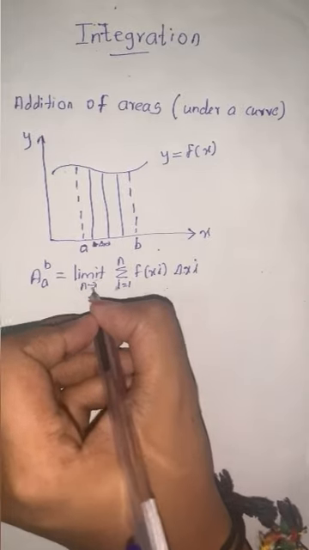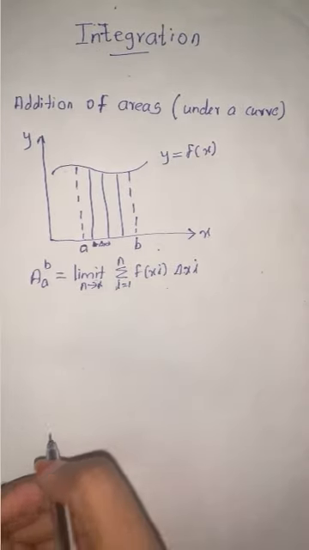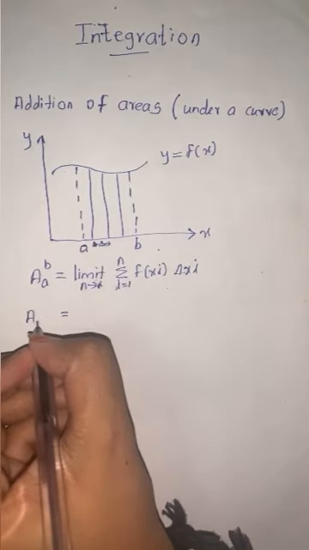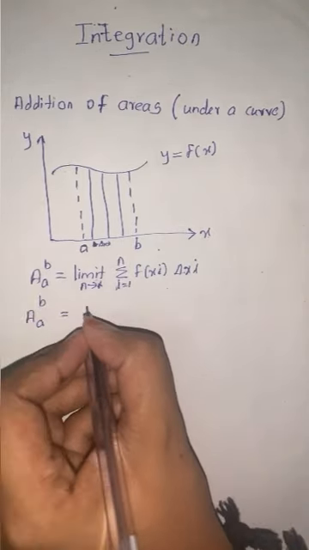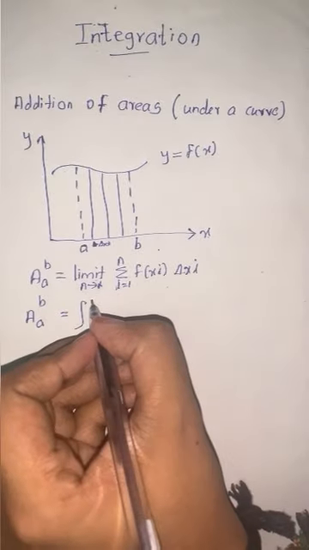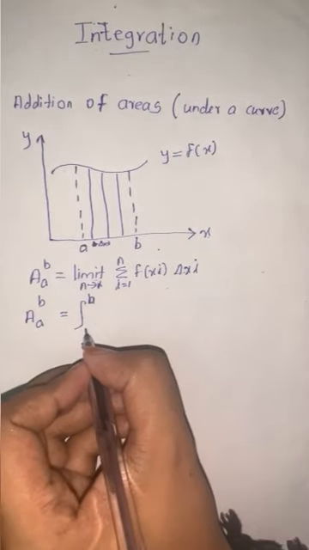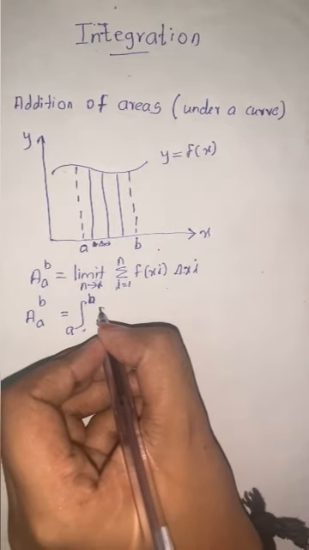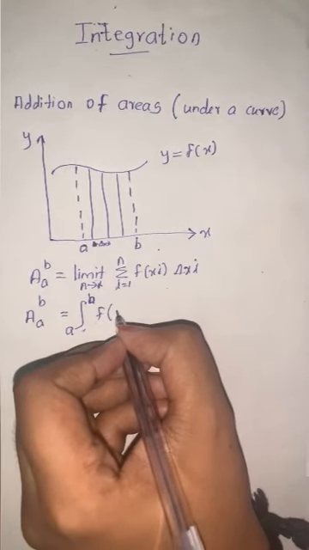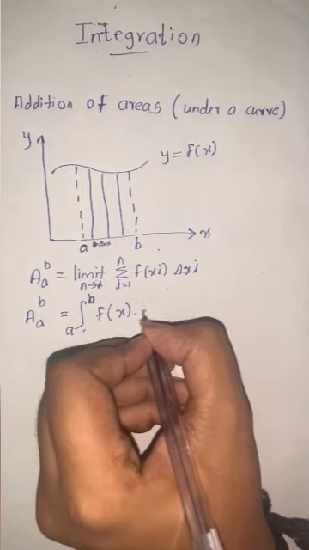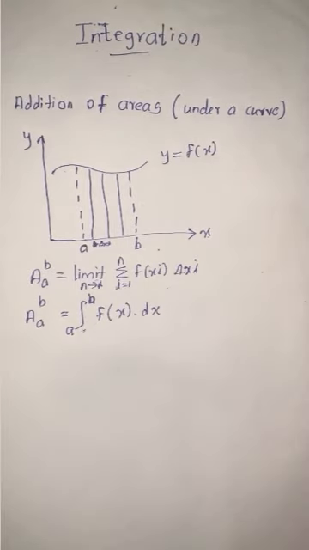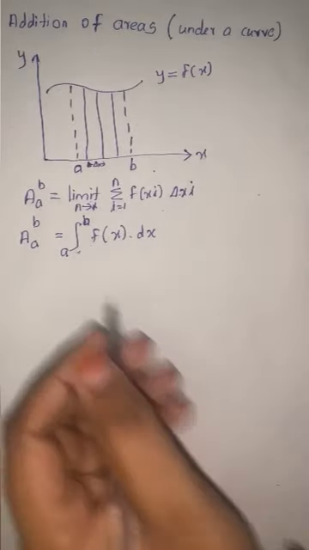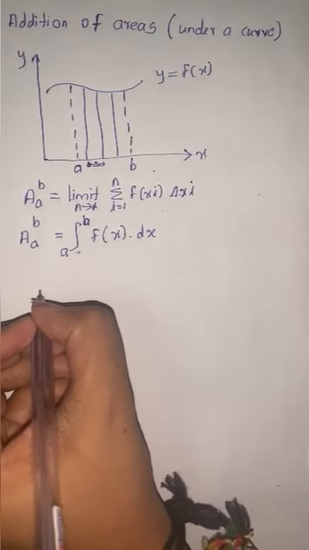When n tends to infinity, it can be given using integration. This is the sign of integration. From a to b, we write the bigger limit at the upper position, then f of x with respect to dx. Here we know dx, we have already learned it.